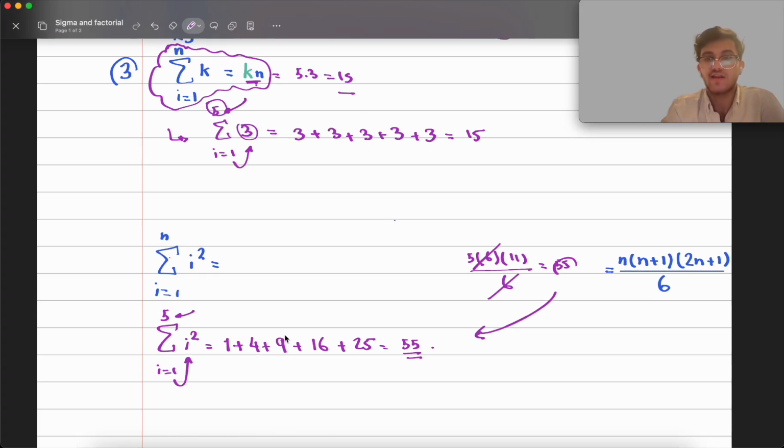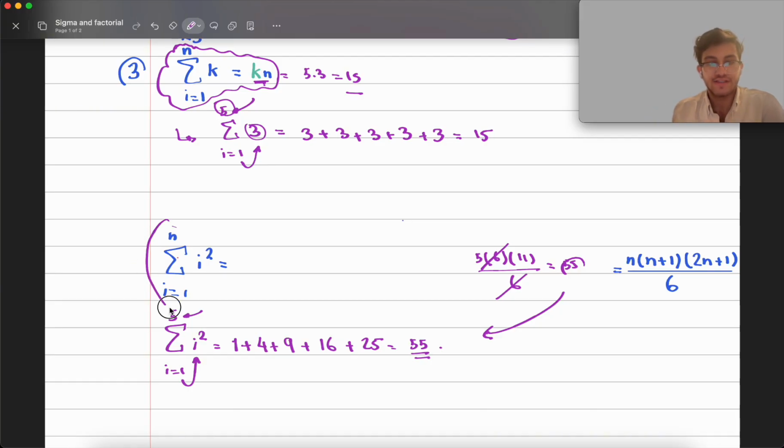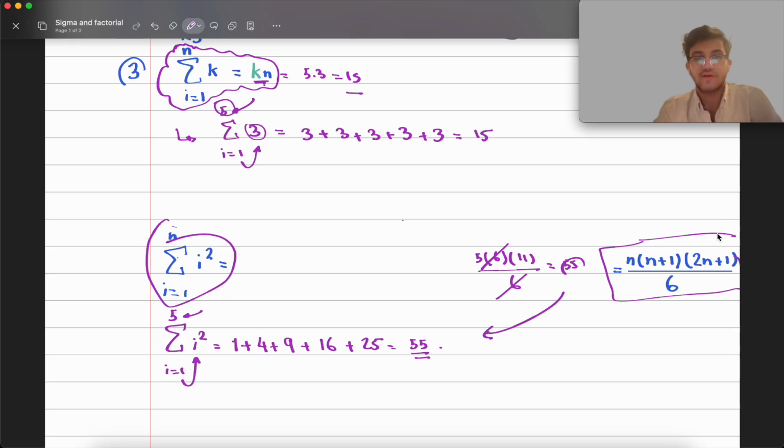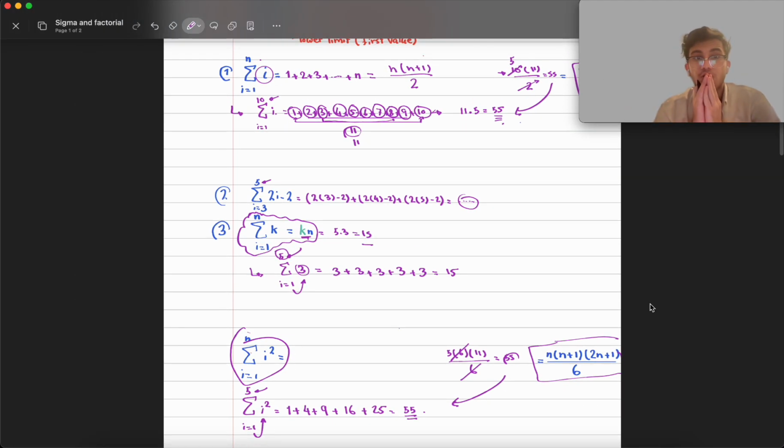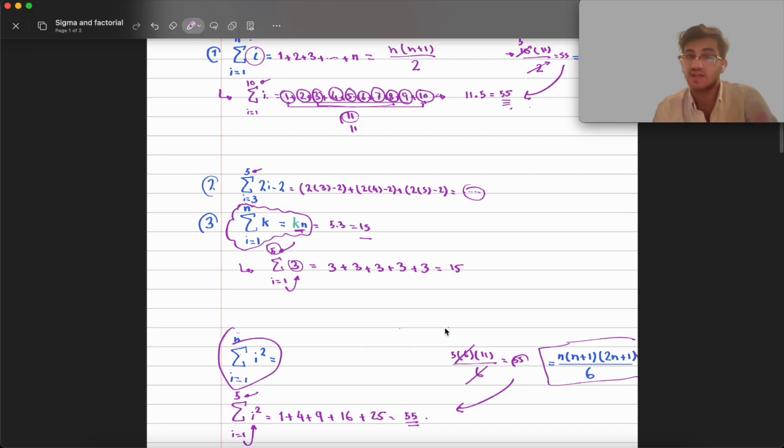So now I can rewrite this one with this one right here. These were the most important things about using sigma notations, what they are equal to, and how we can find the sum of them.